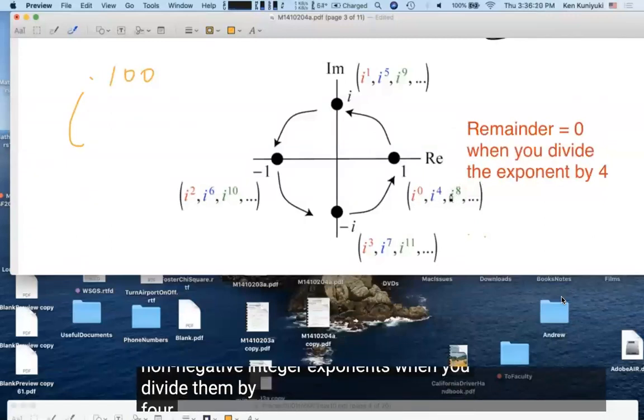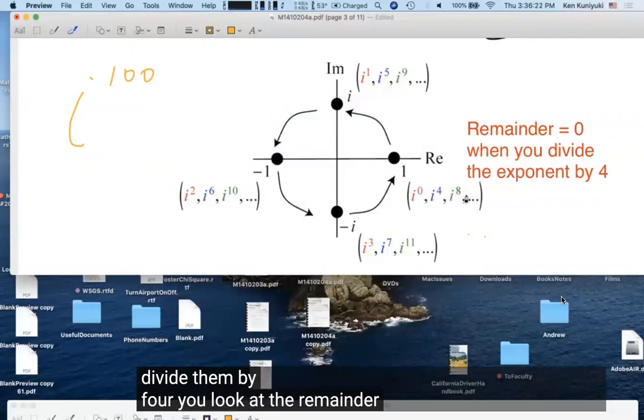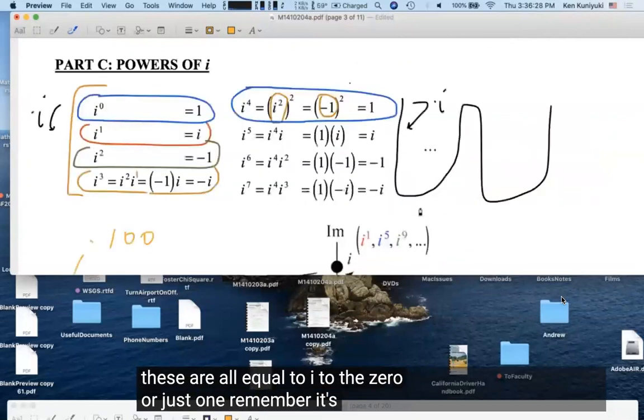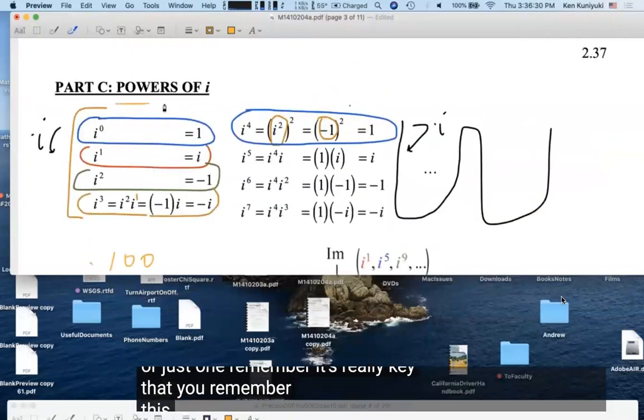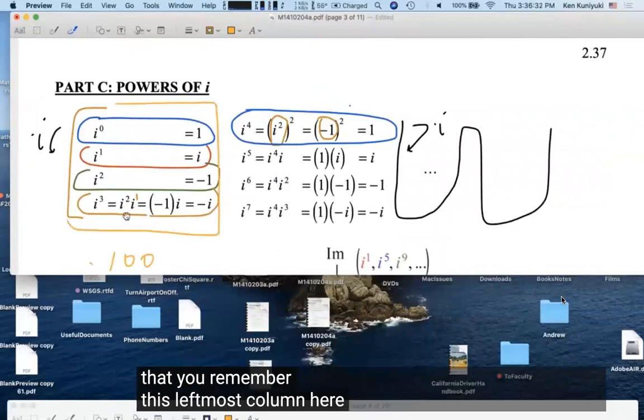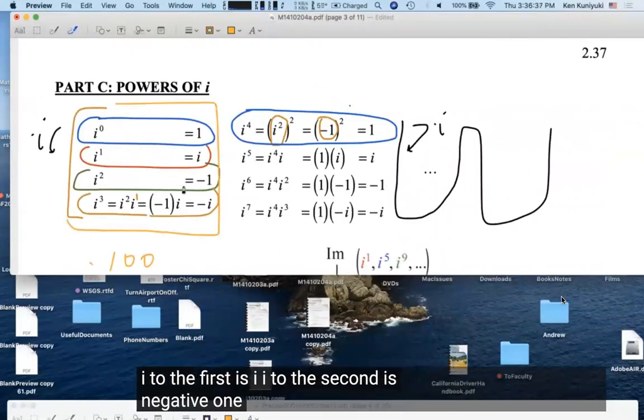When you divide them by 4, you look at the remainder. If the remainder is 0, these are all equal to i to the 0, or just 1. Remember, it's really key that you remember this leftmost column here. i to the 0 is 1, i to the first is i, i to the second is negative 1, i to the third is negative i. And with the rule we're going to develop, these are all you have to remember.